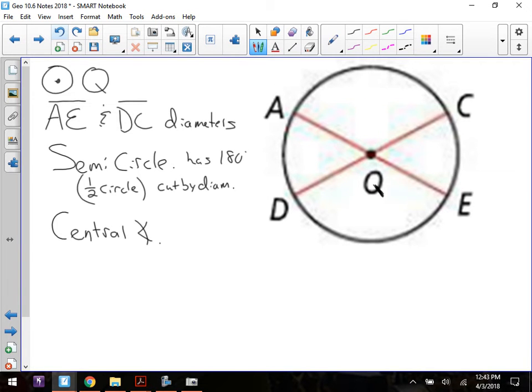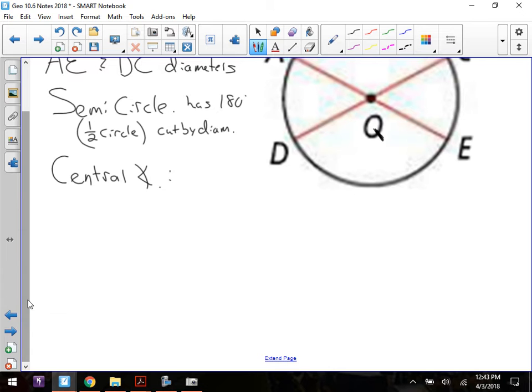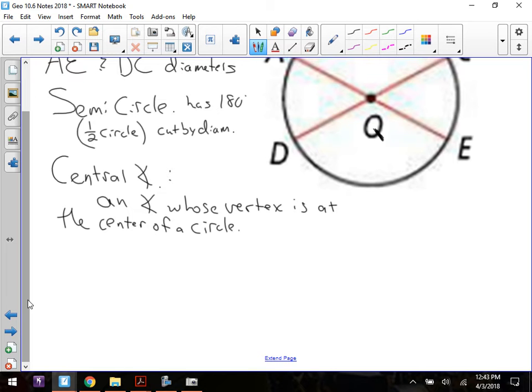A central angle is an angle whose vertex is at, guess where? The center of a circle. We're trying really hard not to math too much for you right now. A central angle is an angle whose vertex is at the center, and the sides of the angle are made up by radii.